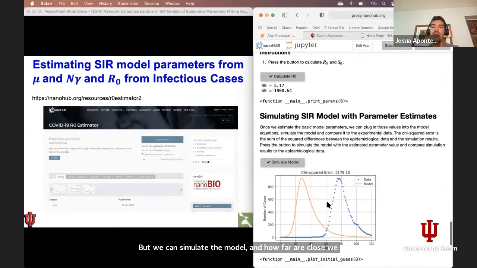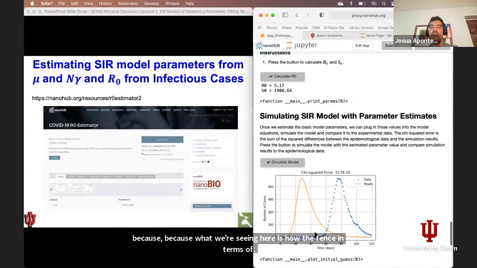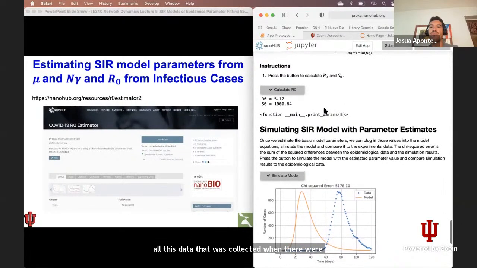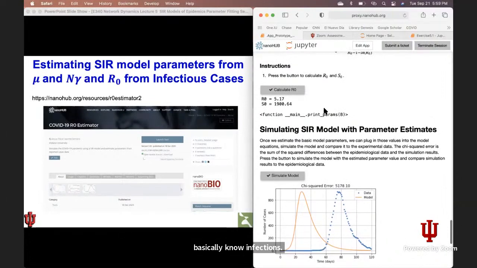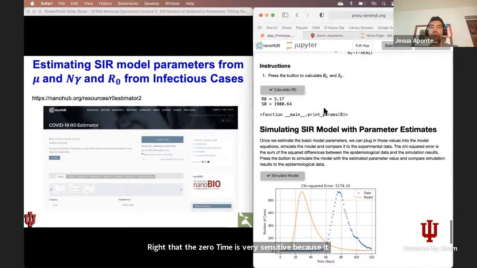James, we never actually tried to, because what we're seeing here is a difference in terms of all this data that was collected when there were basically no infections. Right, the zero time is very sensitive because it takes a long time to take off. So what we should actually do is probably eliminate some of this data where there were basically no infections whatsoever, but they were being recorded, because in New Zealand the epidemic started much later.